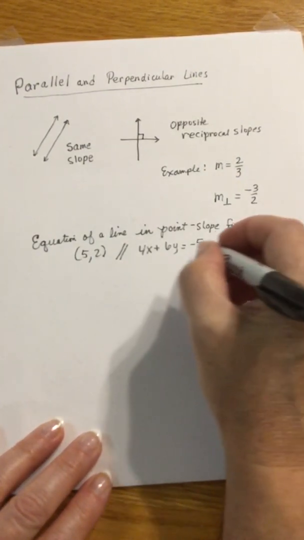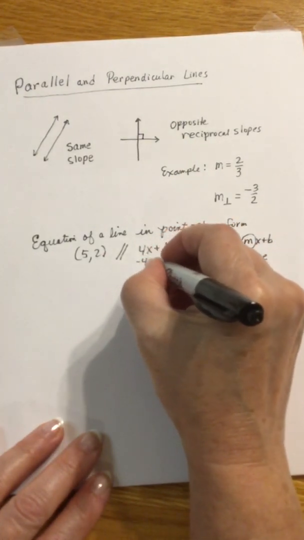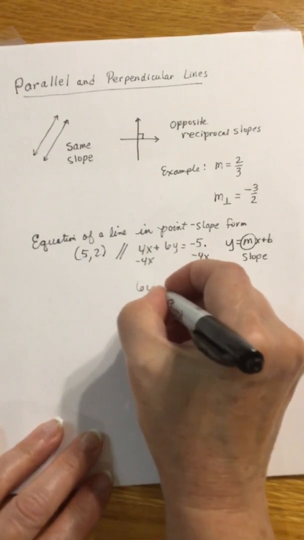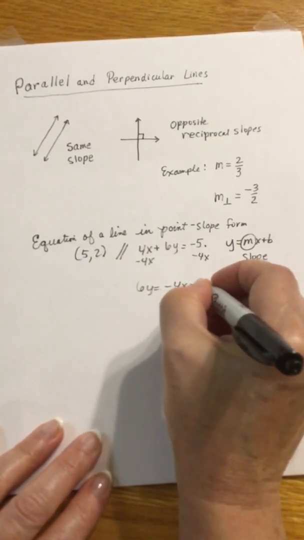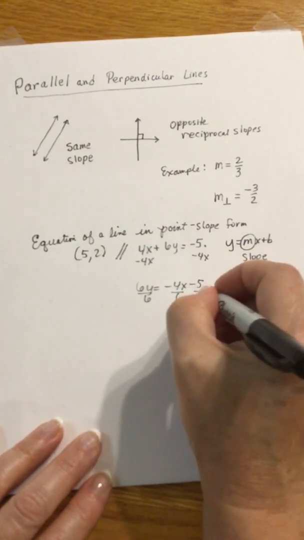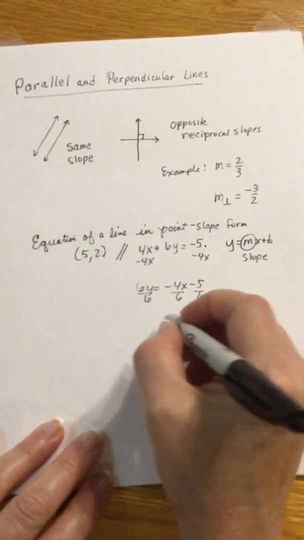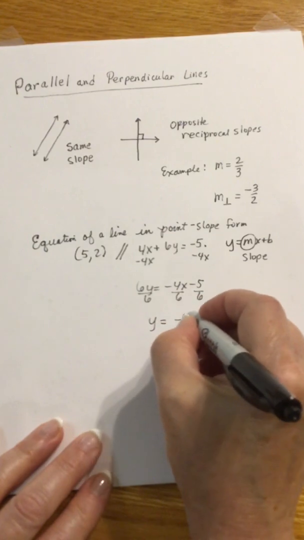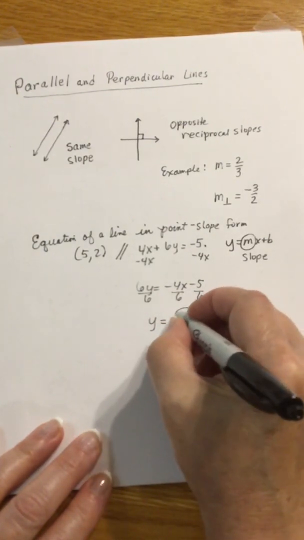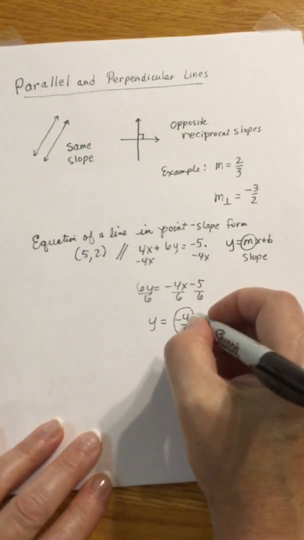So I'm solving for y, so I want to bring the 4x over. So I get 6y equals negative 4x minus 5. Divide by 6. So I get y equals negative 4 over 6 x minus 5 over 6. Now this is my slope, but it's not reduced.